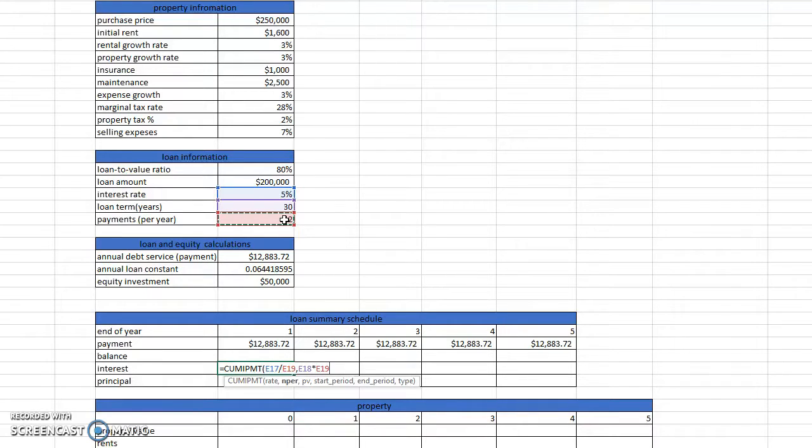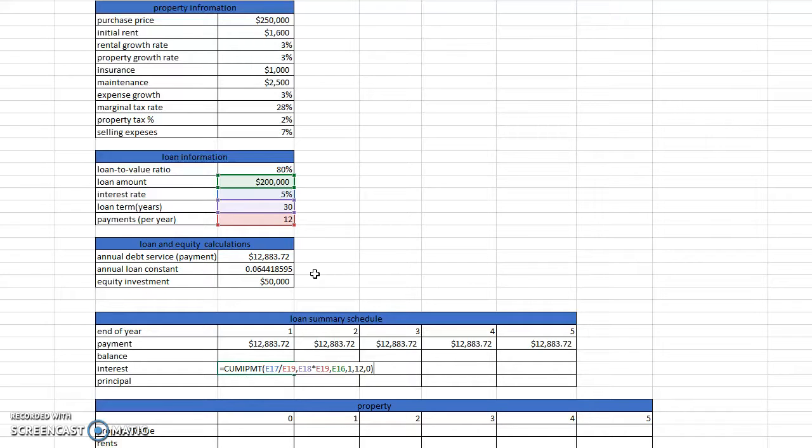And then our loan amount, and then take the end period, the beginning period and the end period, and then the 0 for the type.